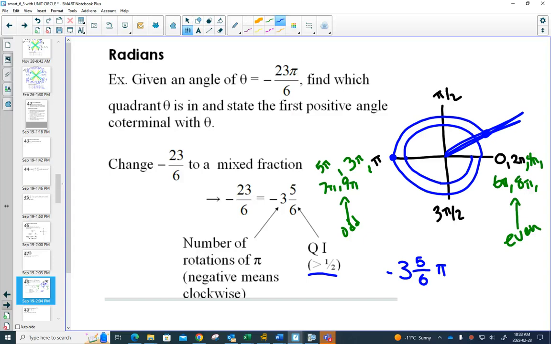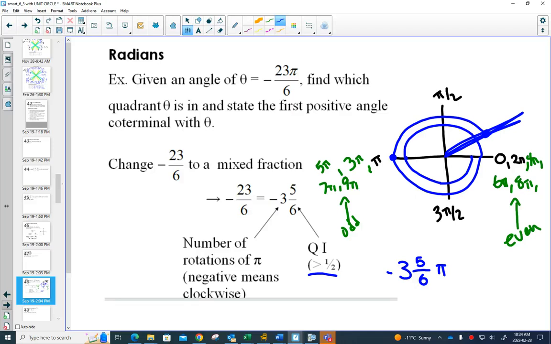This is powerful because if your calculator is now in radians and you type in sine of negative 23 pi over 6, your calculator will say positive 1/2 because it is coterminal with pi over 6. So we can see from the actual angle in radians right away what our reference angle is, right away what the family is. Hey, it's part of my pi over 6 family.